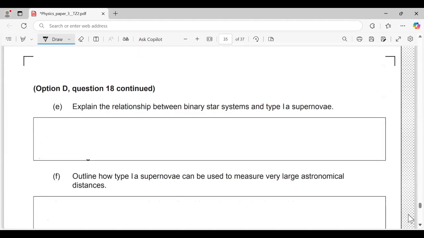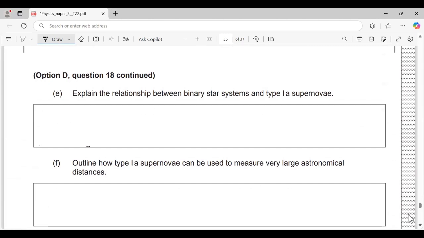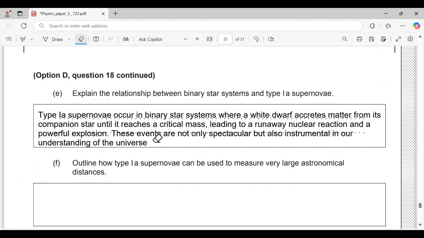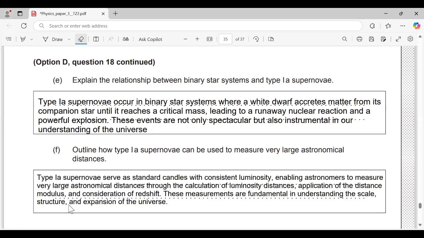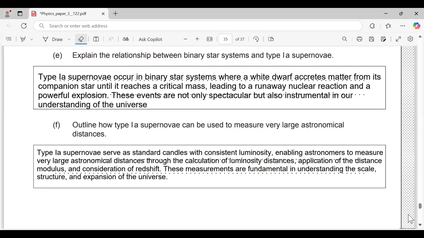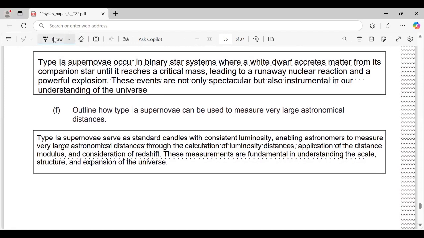Next, explain the relationship between binary star systems and type 1a supernovae. I have provided my explanation for this question. And then outline how type 1a supernovae can be used to measure very large astronomical distances. I have provided this as well, and if you want to calculate the distance, you can use this formula.